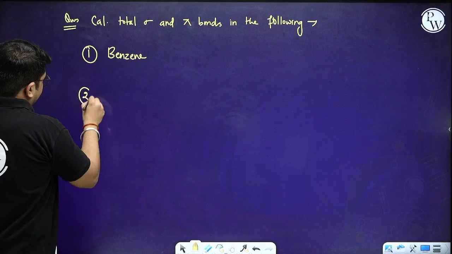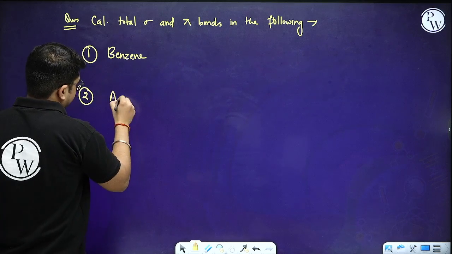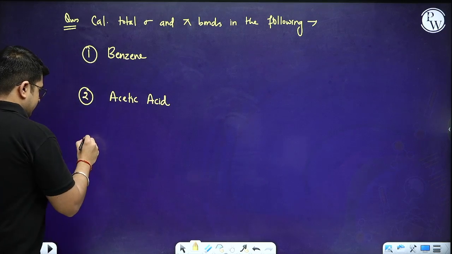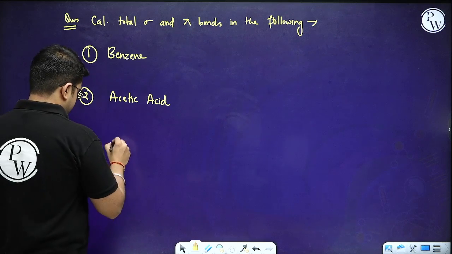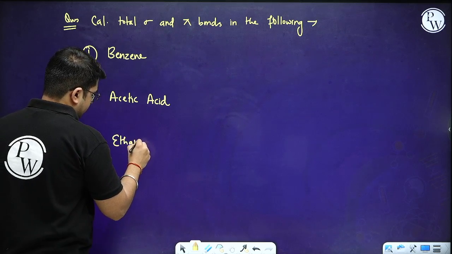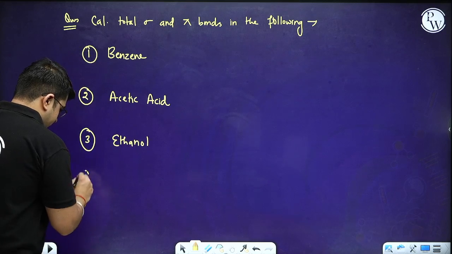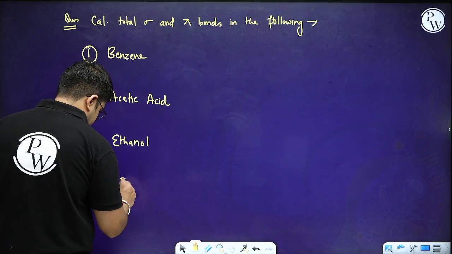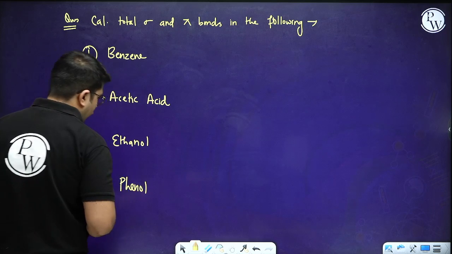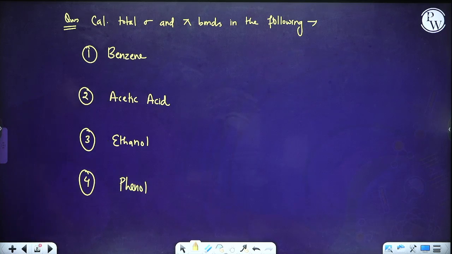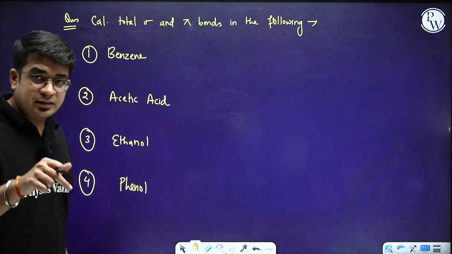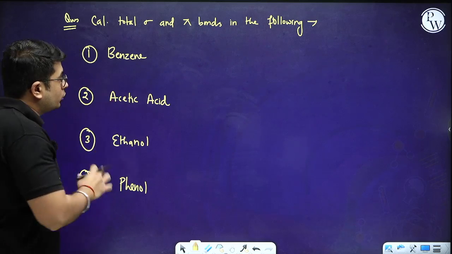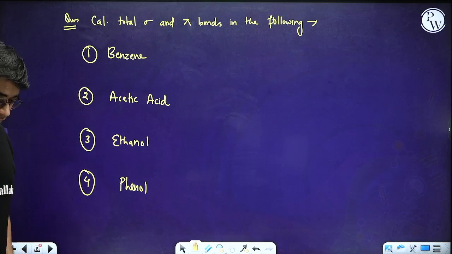Second one is acetic acid. Third one is your ethanol. Next one is your phenol. So try to solve these questions and let me know the answer in the comment box. Just pause this entire part and try to solve total number of sigma and pi bonds in these compounds first.